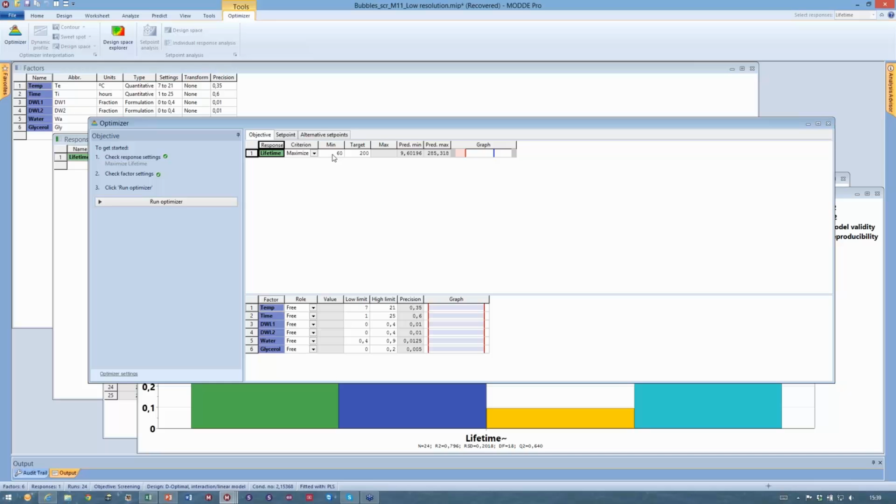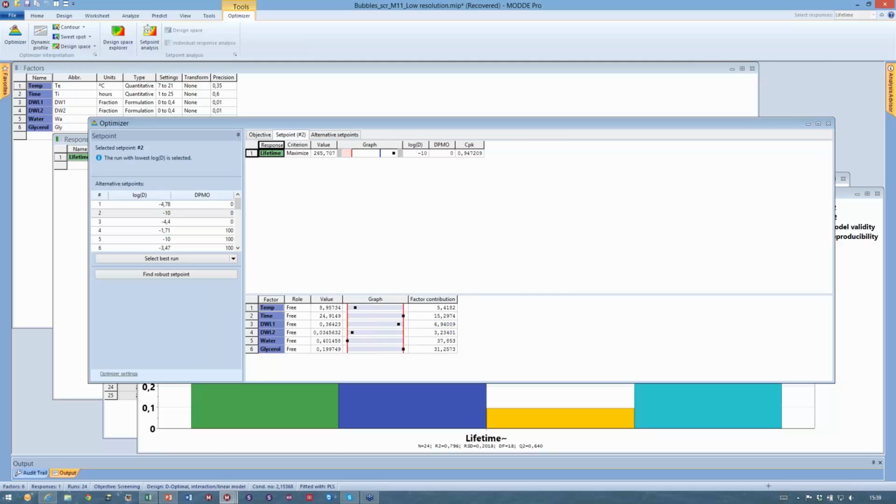And the specification here is that we should maximize the lifetime, but we should definitely exceed the minimum of 60 seconds.